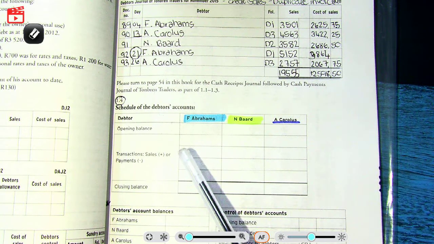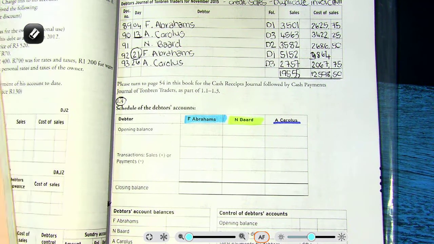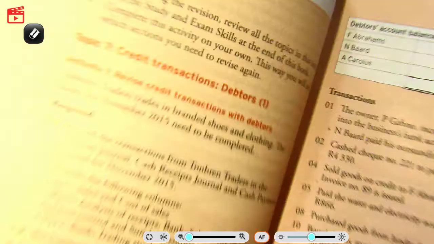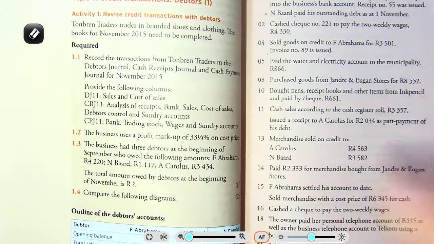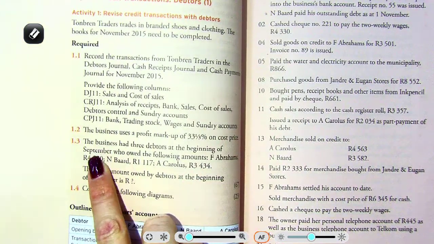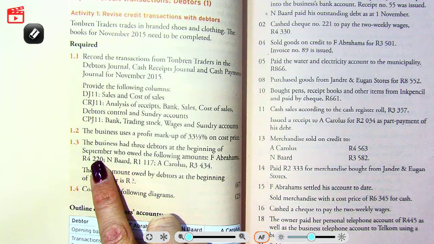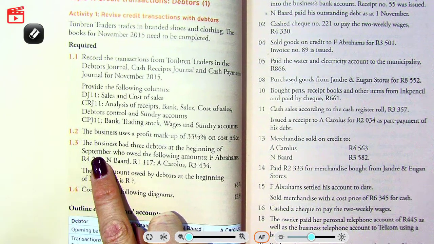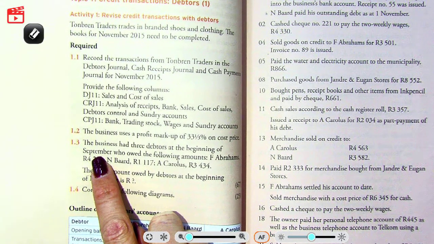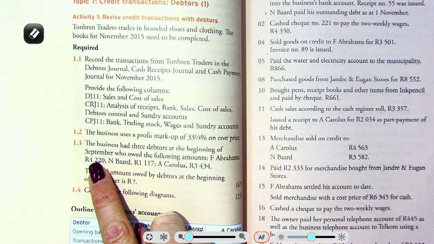All right, so if Abrams, from the previous month, this was given here in your textbooks. If Abrams owed me 4,220 at the beginning of, it should be October, or at the end of October, beginning of November, that should say, actually, not September, they made an error, which means that was the closing balance at the end of October.